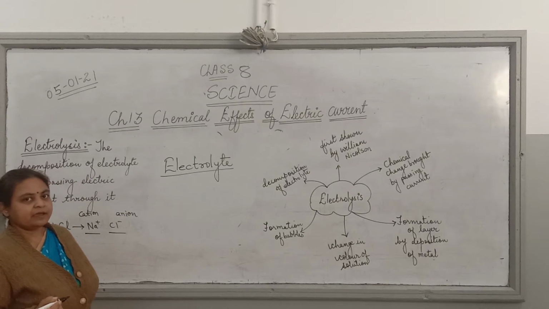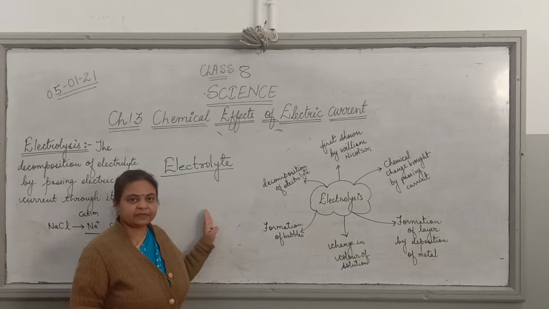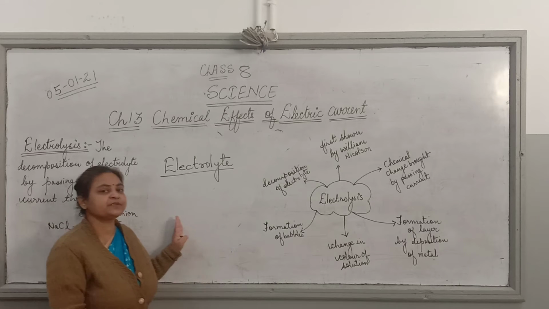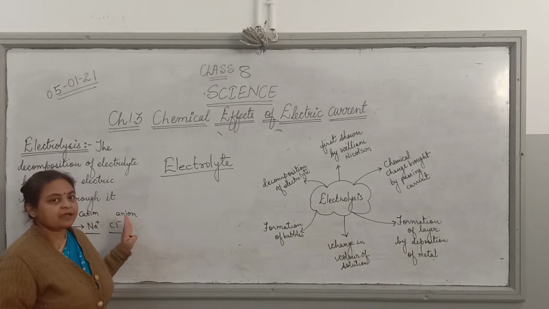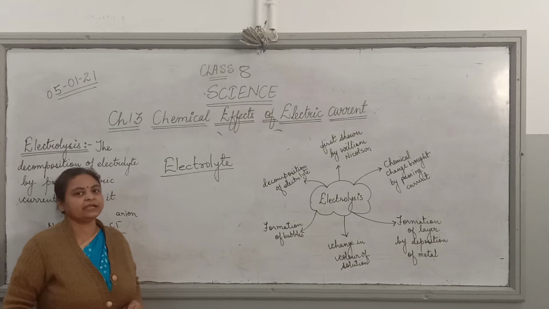So, actually a chemical change occurs. Decomposition of this electrolyte takes place, and that process of decomposition of electrolyte by passing electric current through it is called electrolysis.